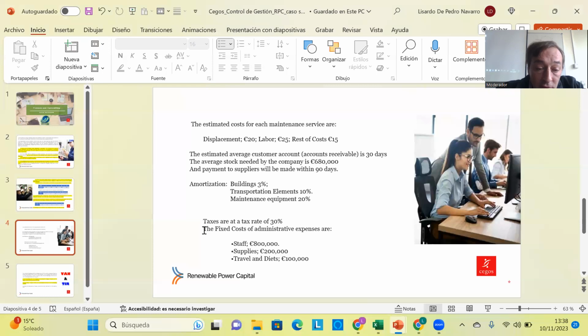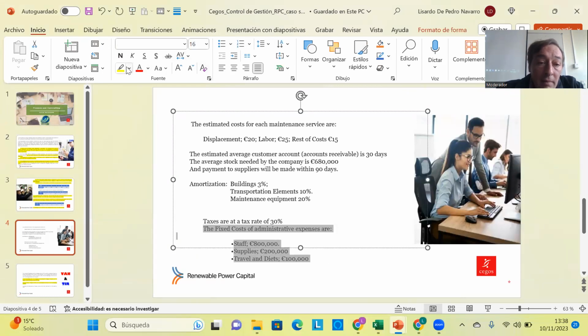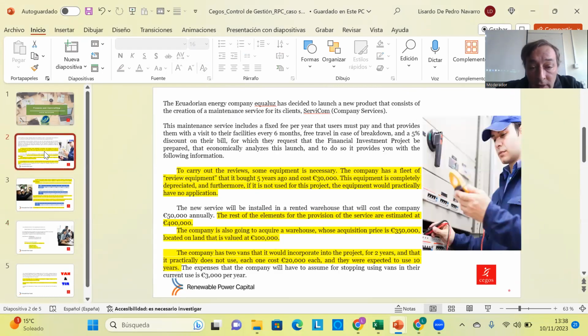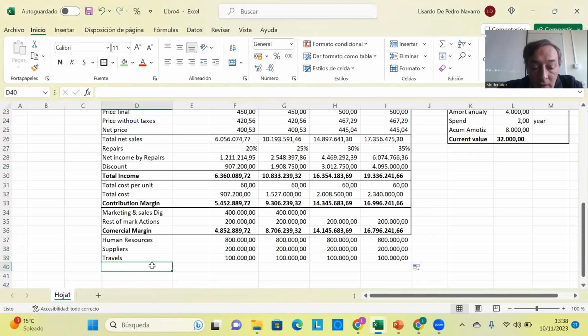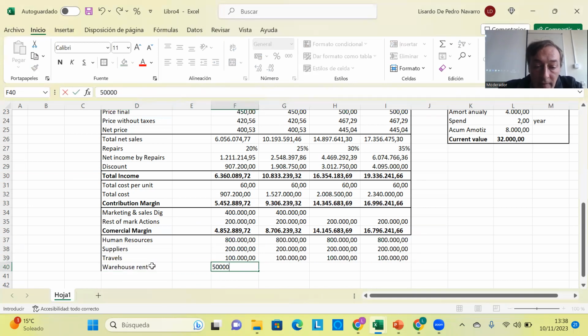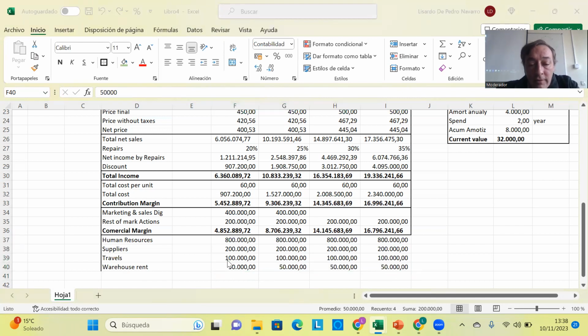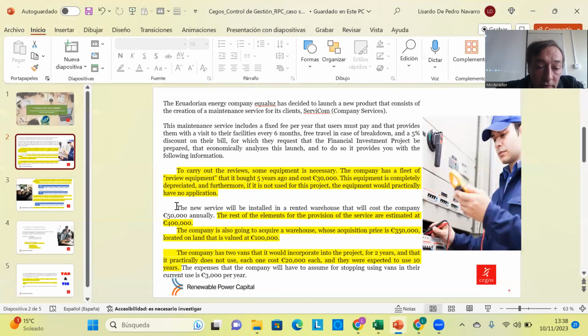So here we have used this one, but we have to take into account that we also have the warehouse that is going to rent 50,000 euros annually. And we also have the opportunity cost of the bonds.